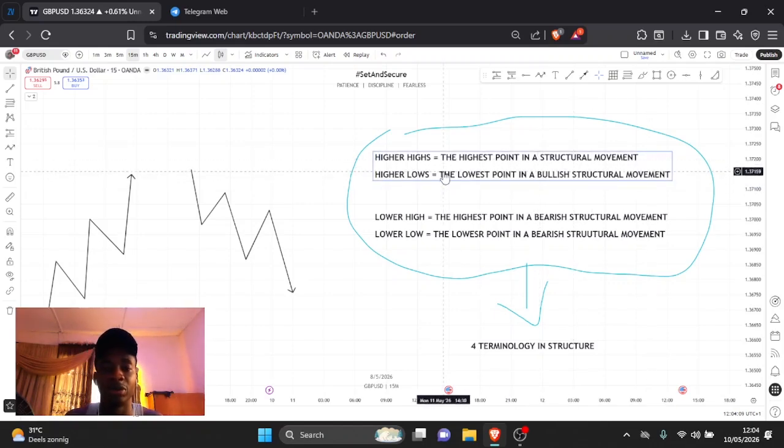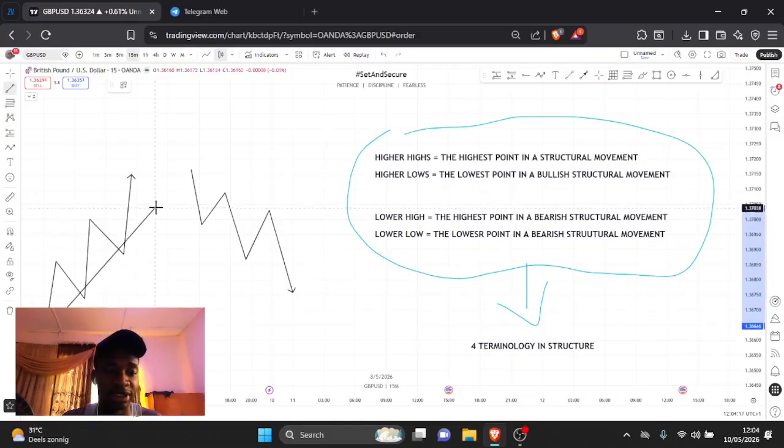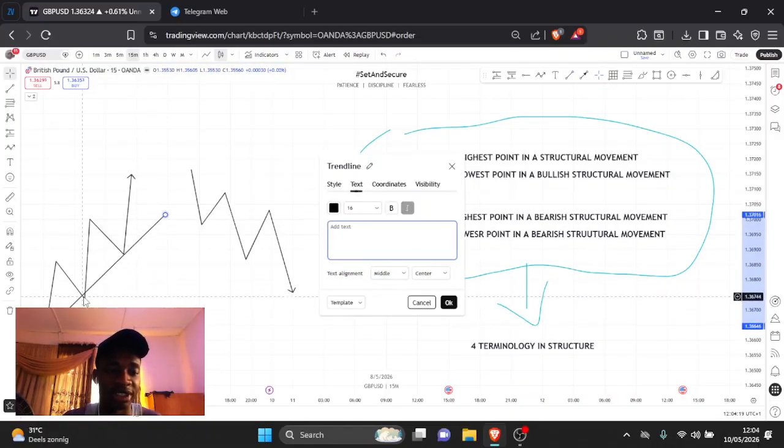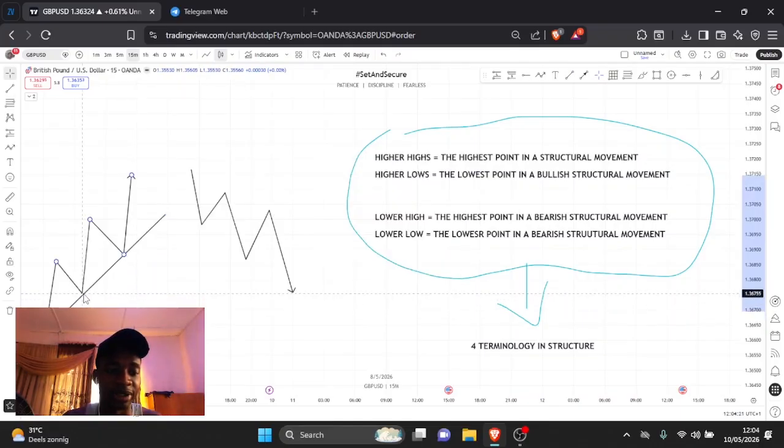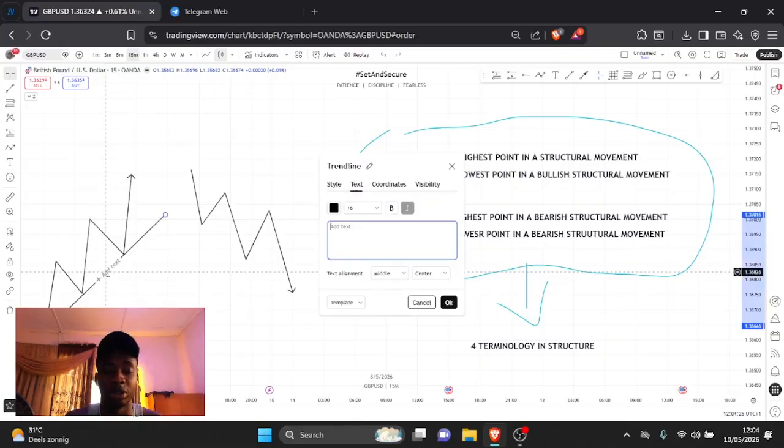Bullish means anything that goes up, uptrend, and we had this, which was a bullish movement.